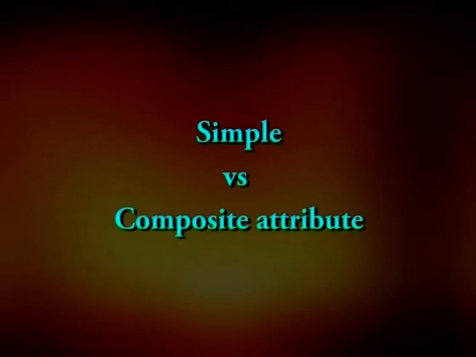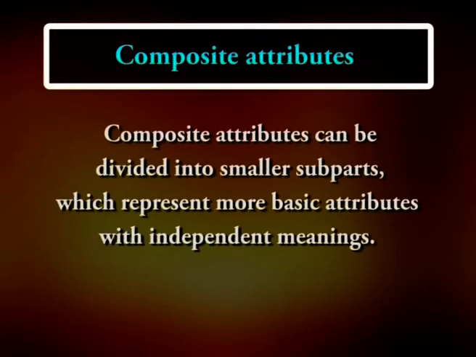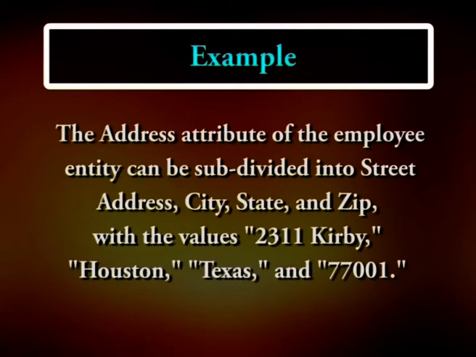Then we have attribute types. In attribute types, further they may be classified into various categories. First is simple versus composite attributes. Composite attributes can be divided into smaller subparts, which represent more basic attributes with independent meanings.